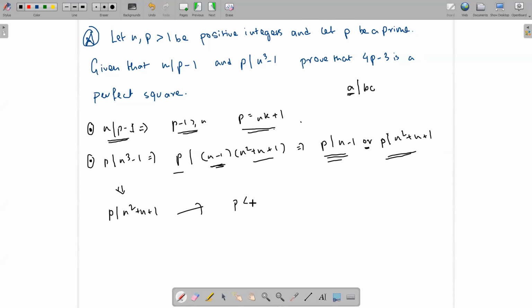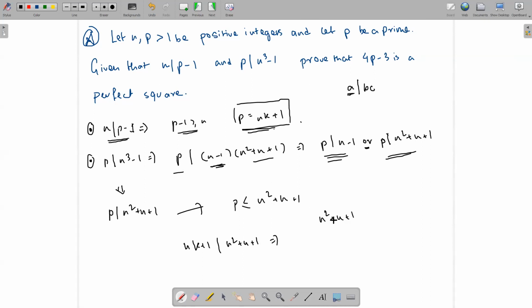So the first basic thing is this, right? Now, from the first one, we have that P has a certain form, nk plus 1. So we know that nk plus 1 divides n square plus n plus 1. From here, what can we say? Just look at this, n square plus n plus 1.